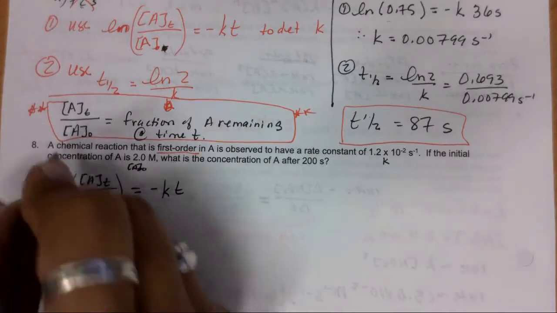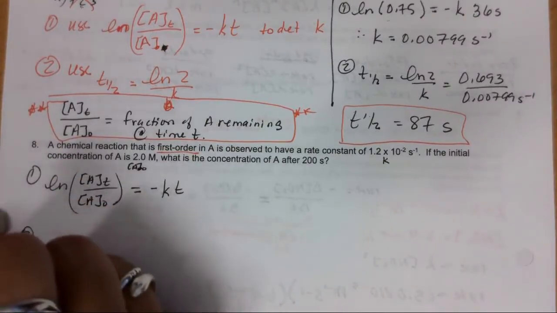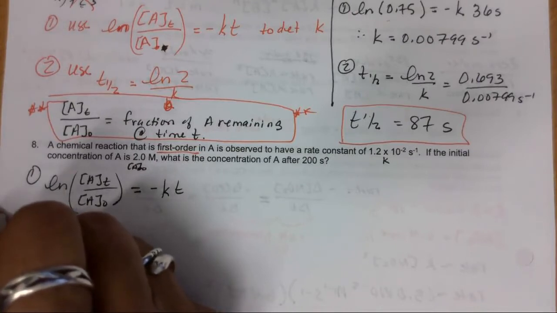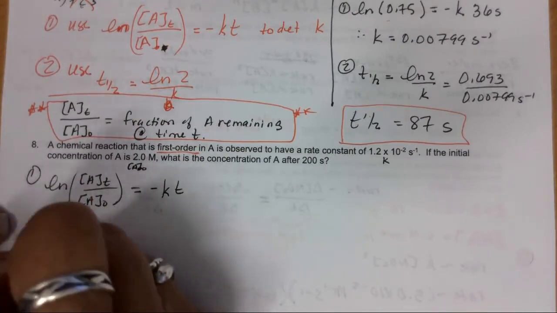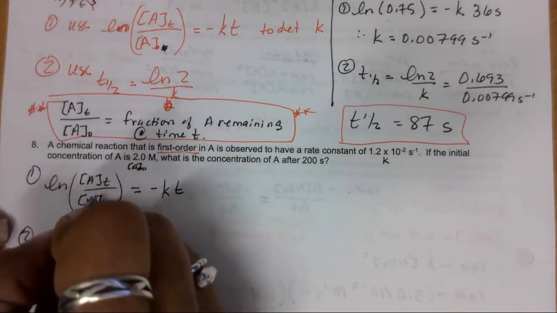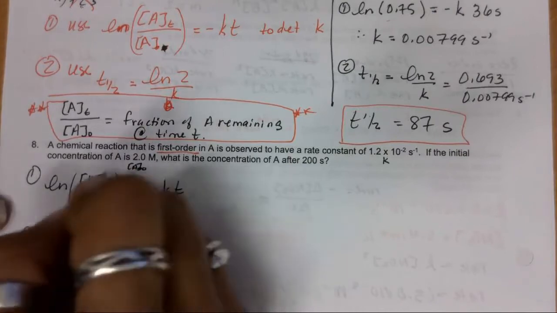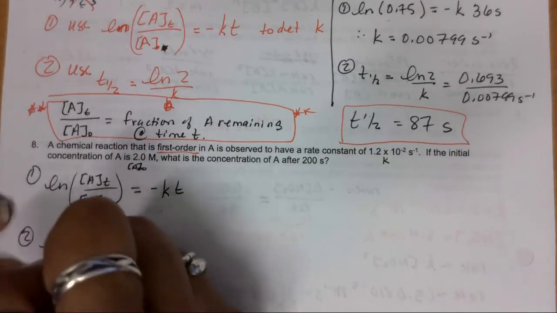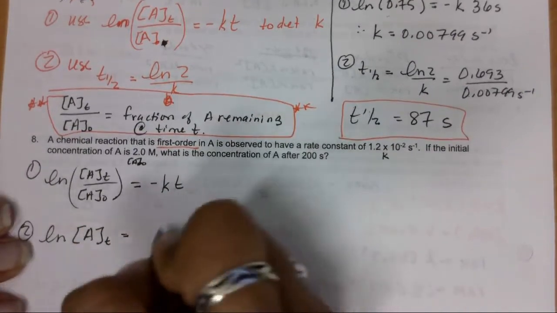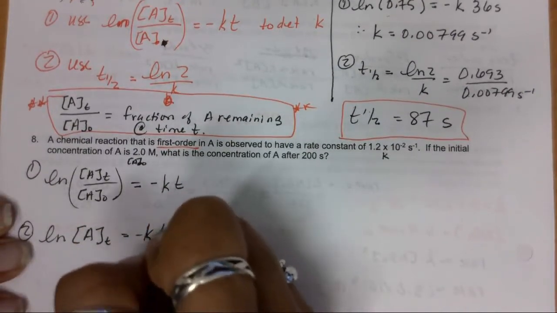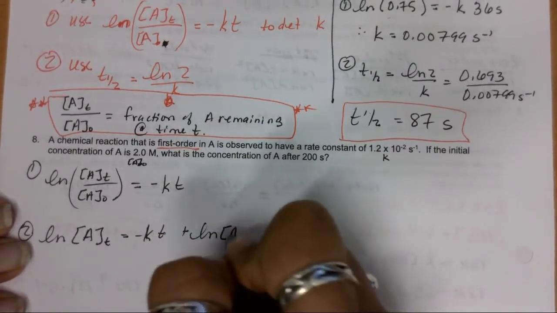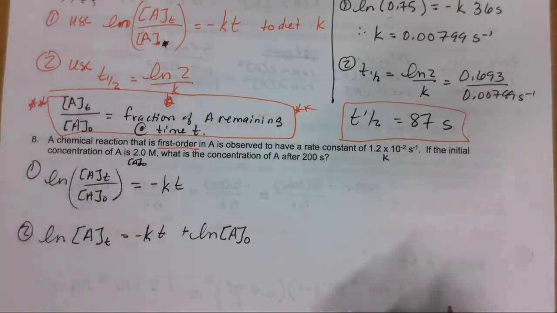The second thing we're going to use is the first order integrated rate law, written a little bit differently. Using the properties of logarithms, I can rewrite this as the natural log of the concentration of A at time t equals negative kt plus the natural log of the initial concentration of A.